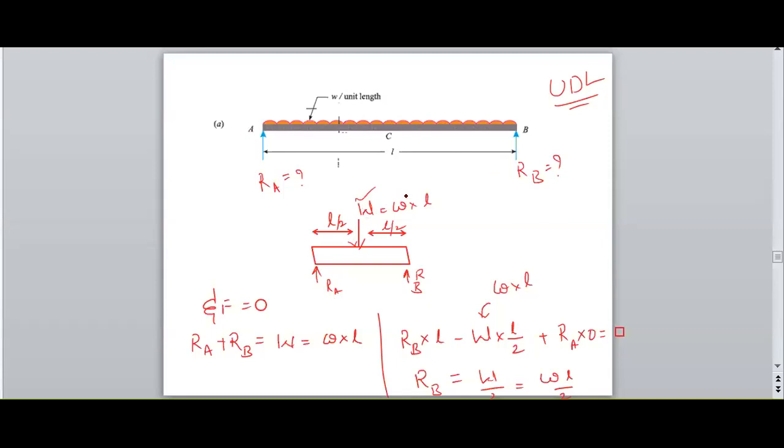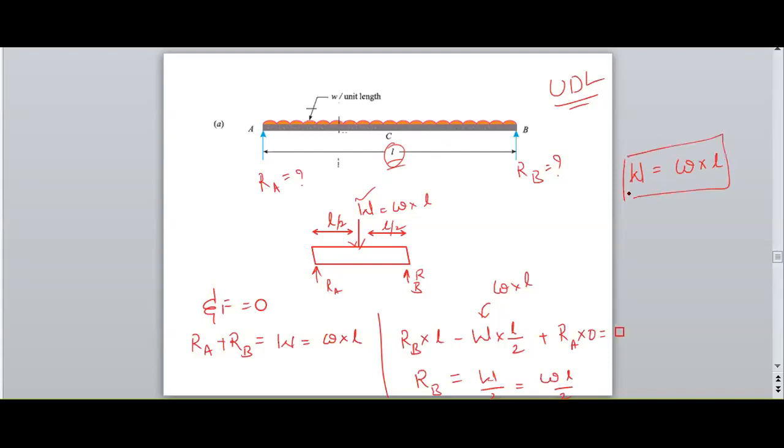Capital W is equal to small w into the UDL acting length.